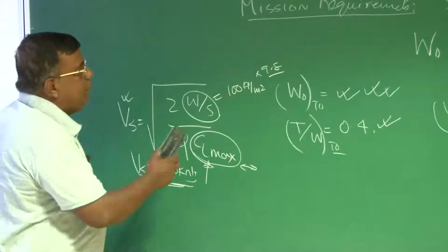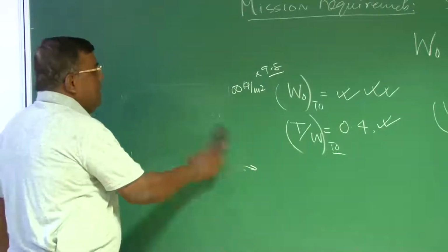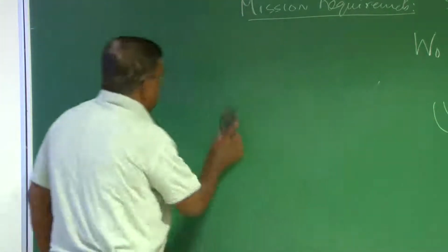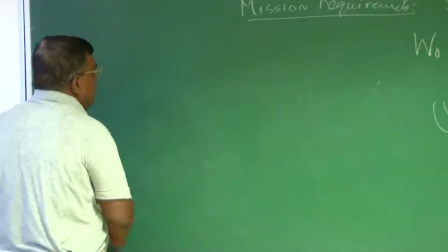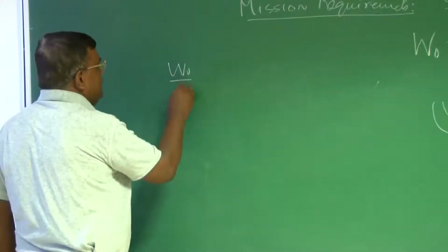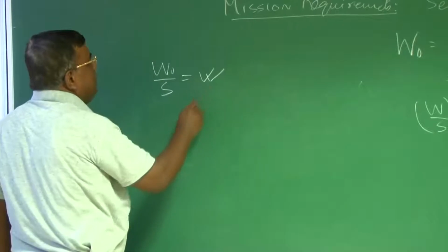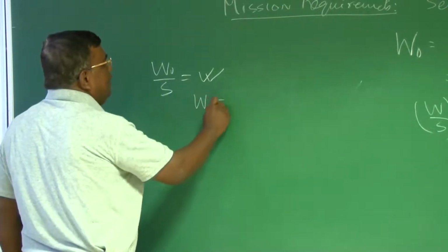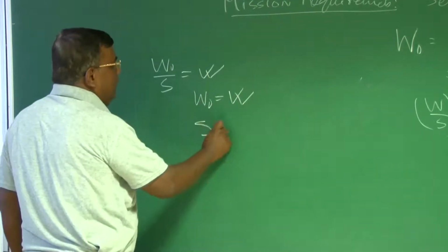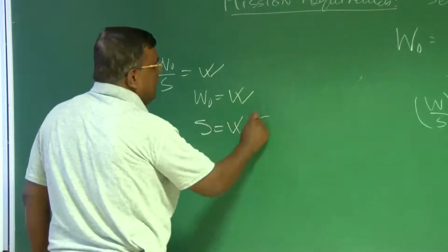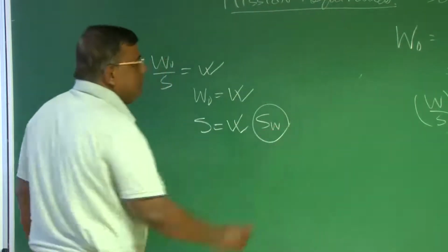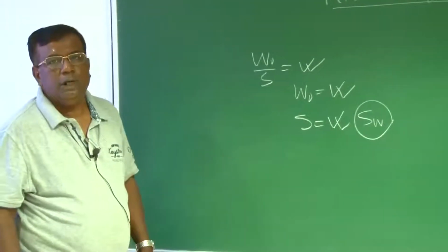So there, after W naught is estimated, and once we have frozen it and given justification, W naught by S, I picked up a number, and I have already picked what is W naught, so I know what is S. So I know what is S wing. This is known to me.